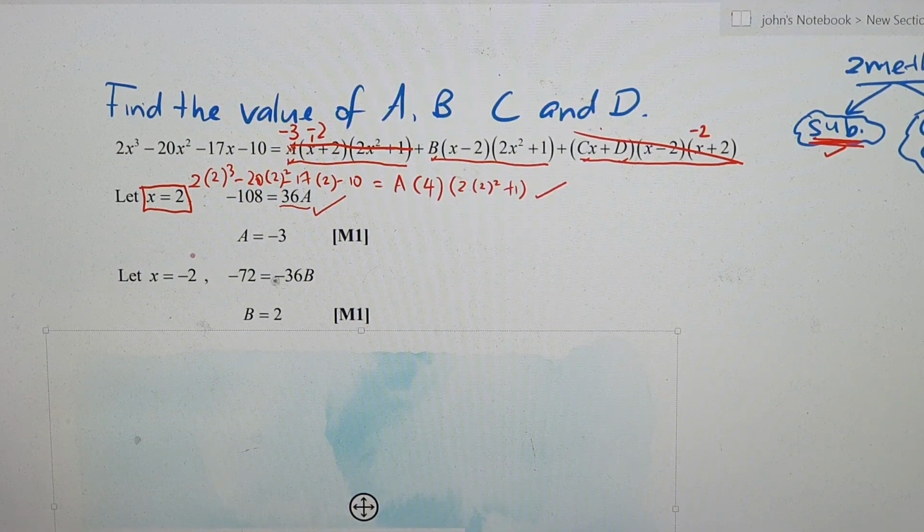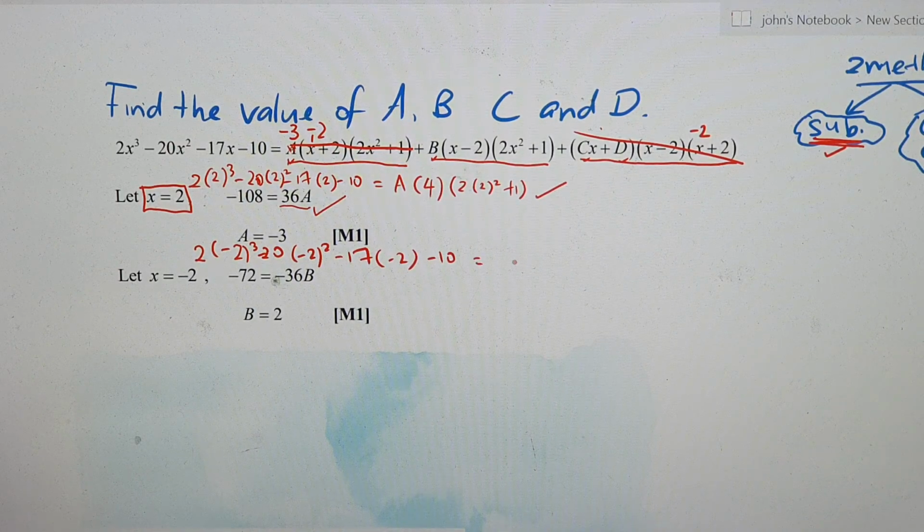You sub in minus 2, and please put brackets. You must put brackets whenever you replace, otherwise you will make mistakes in the exam. Okay, so minus 2 squared, and then minus 2, and then you press your calculator carefully, don't make any mistake. Normally it's a very nice number, okay, normally.